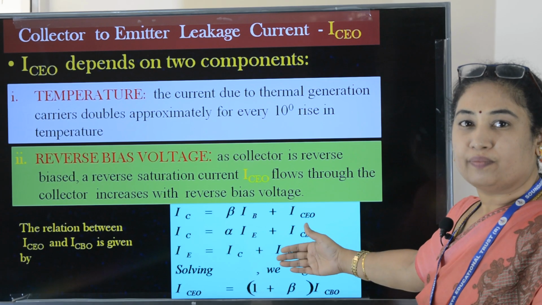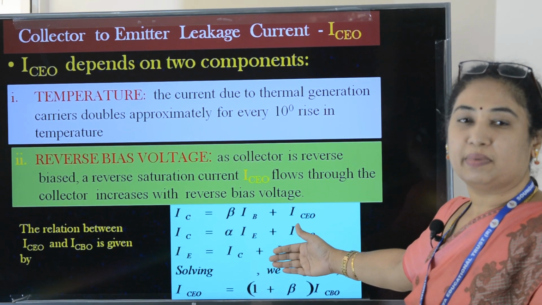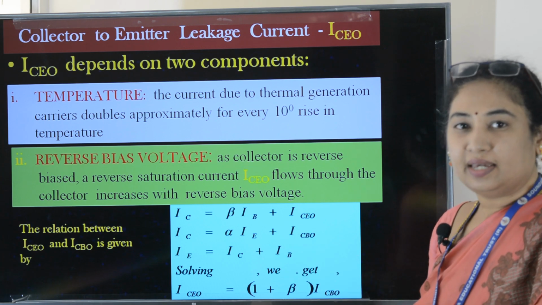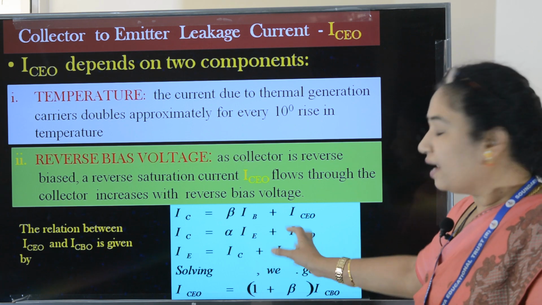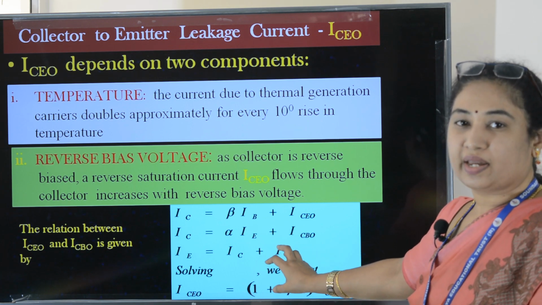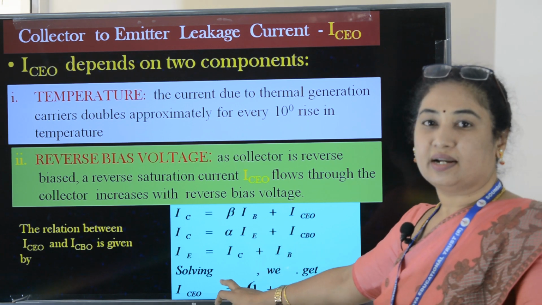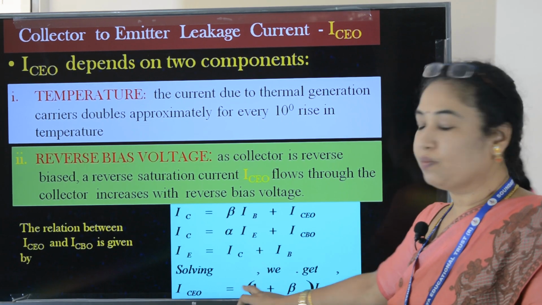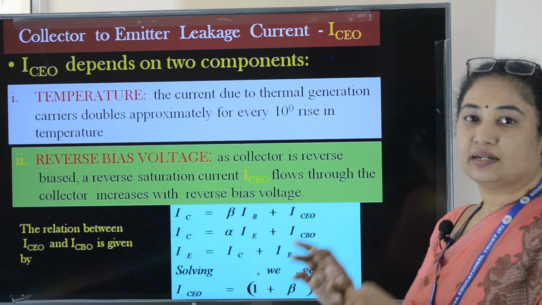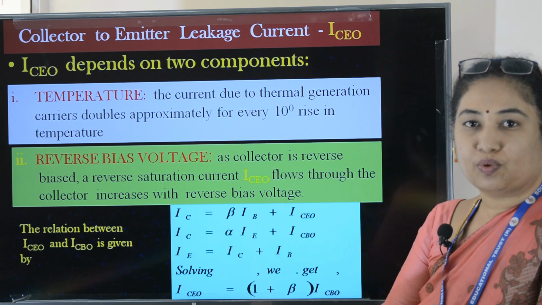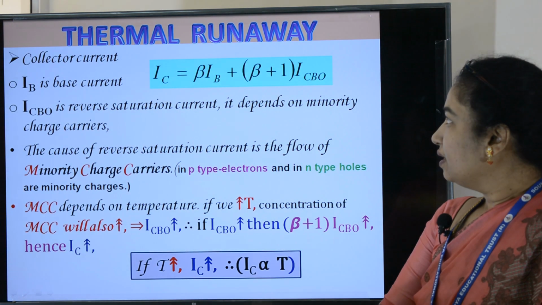And we also know the total current in the transistor by the transistor current equation, IE is equal to IC plus IB. Rearranging and solving these, we can arrive at an expression that ICEO will be equal to (beta plus 1) times ICBO. So this is the relationship between ICEO and ICBO.